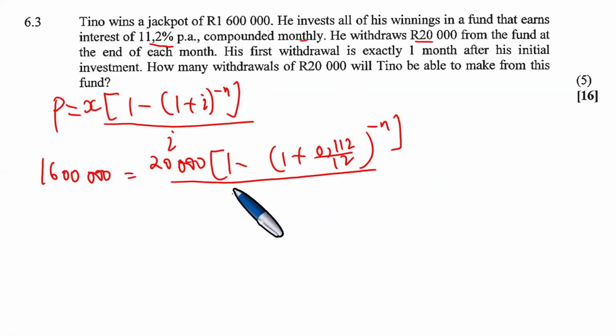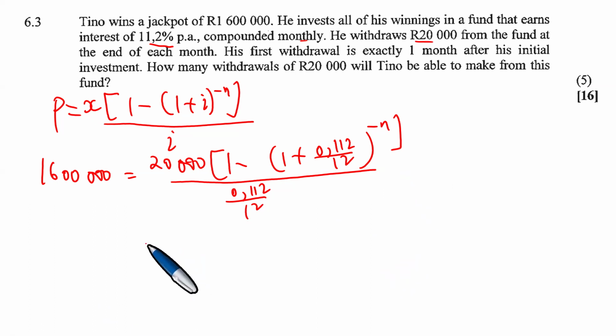You divide by 0.112 divided by 12. Right, so yeah, you get exactly this. Sometimes if you divide by 12, you can also decide not to multiply. It's okay.